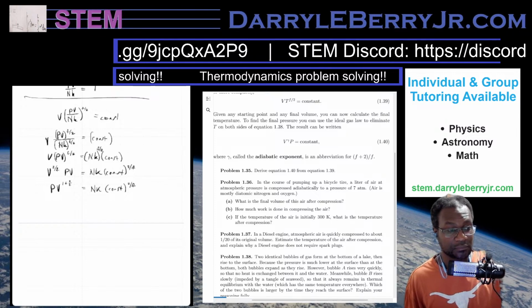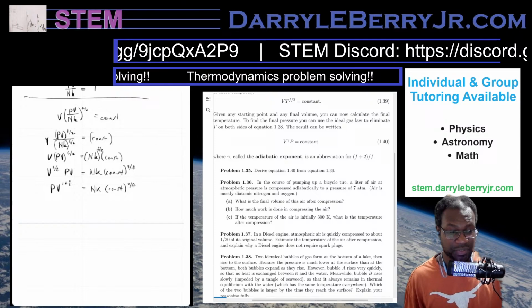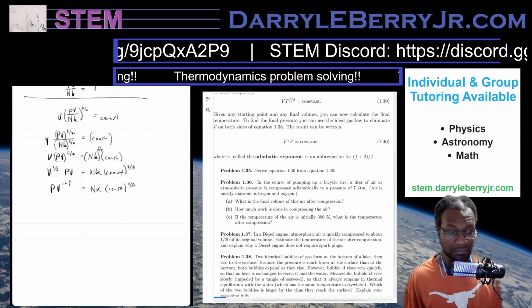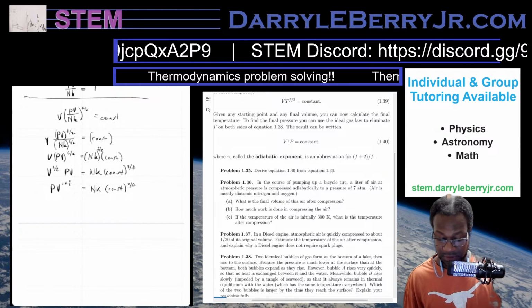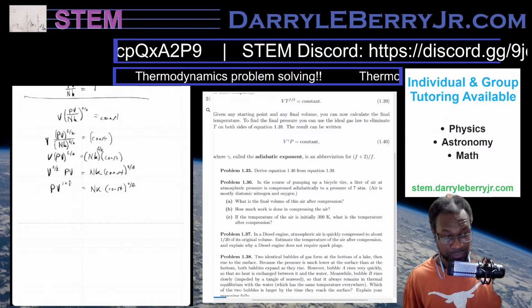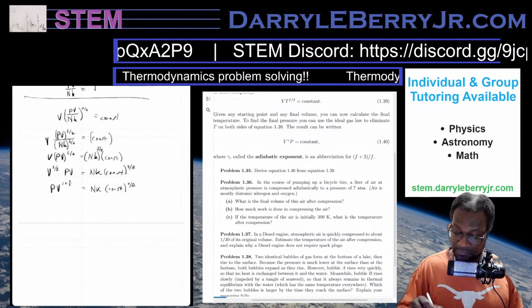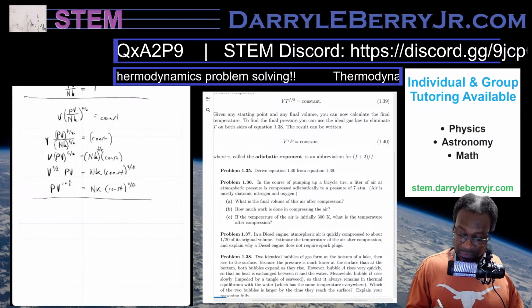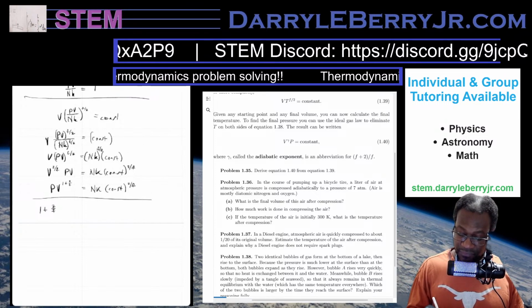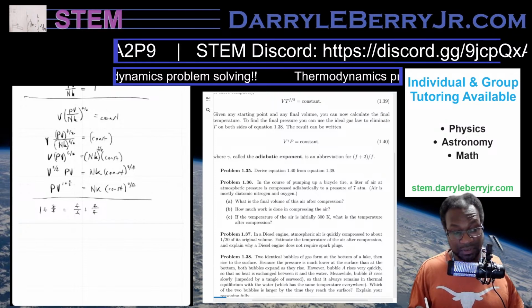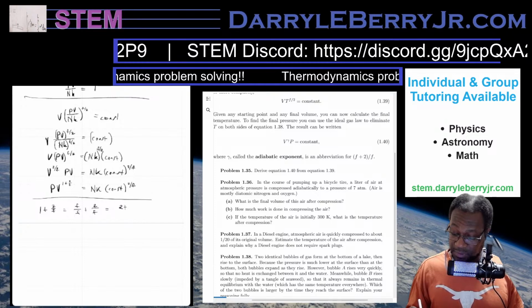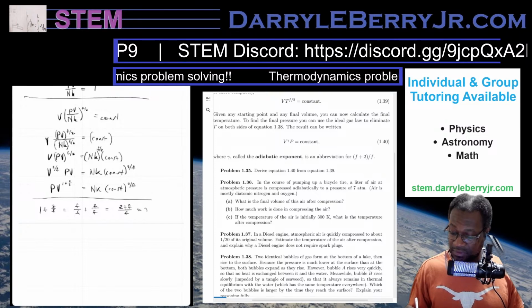Good so far. The right hand side of this equation is just some new constant, while the exponent on V is 1 plus 2 over f. So 1 plus 2 over f equals f over f plus 2 over f equals (2 plus f) over f, and that's gamma.